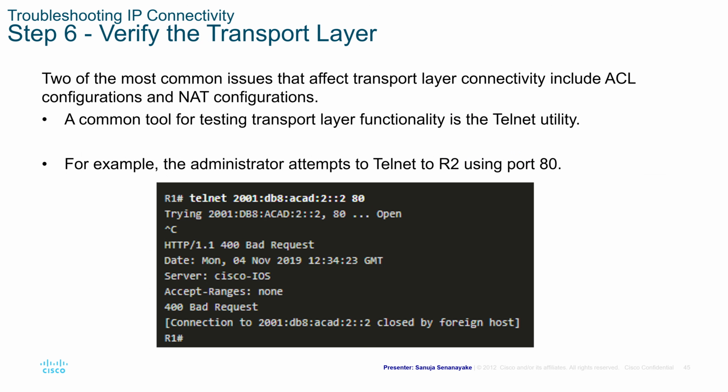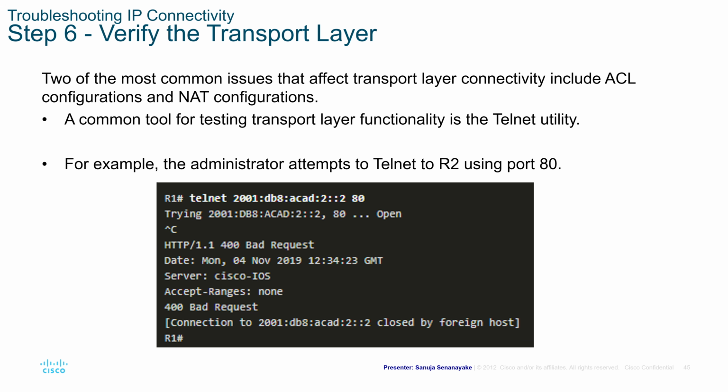Step 6, verify the transport layer. So two of the most common issues that affect transport layer connectivity include access control list configurations and network address translation configurations. So ACL and NAT configurations are common issues that might impact transport layer connectivity.